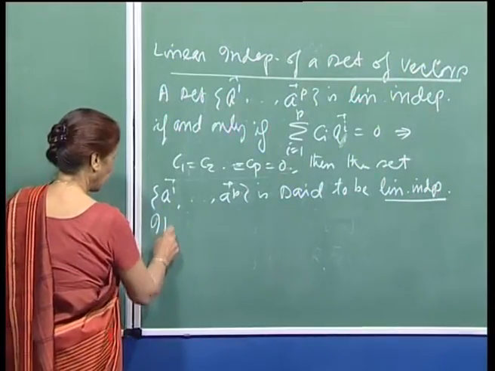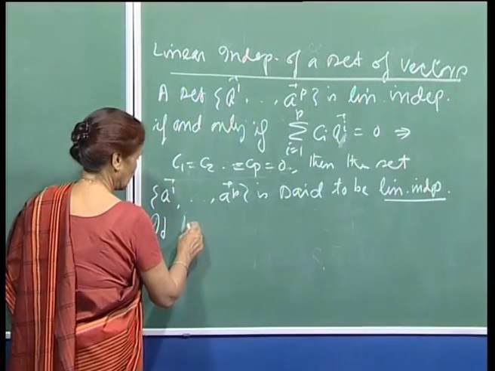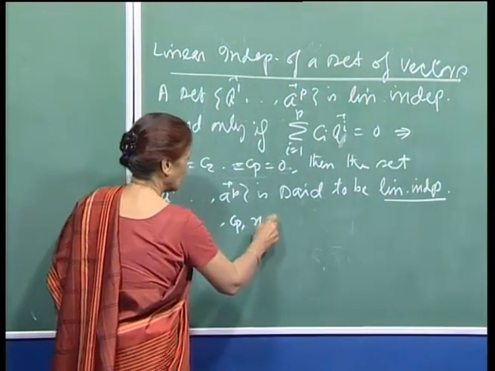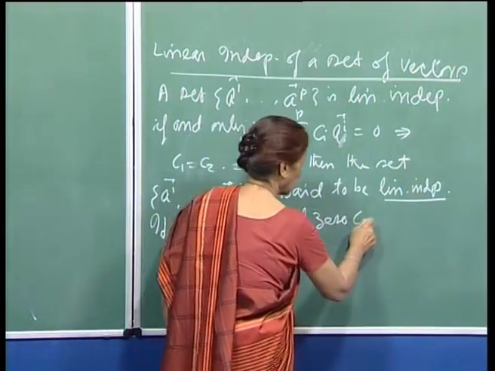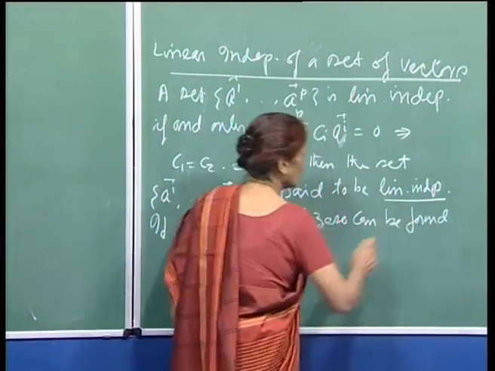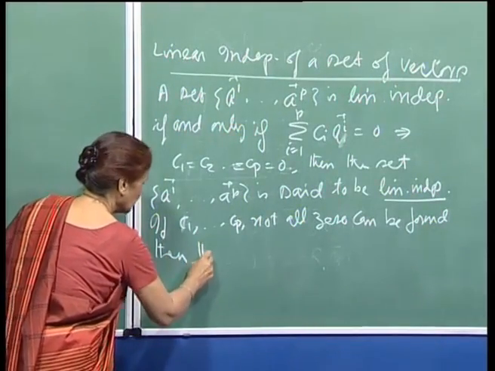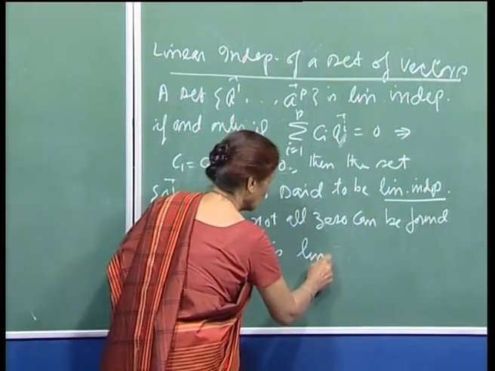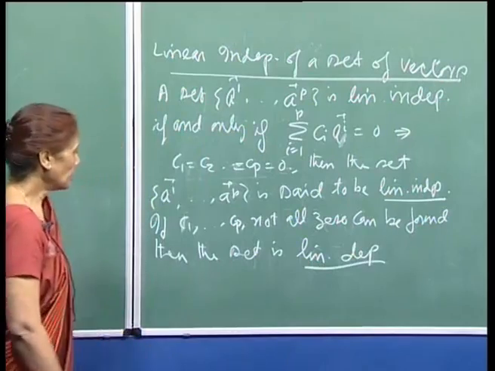So, if C1 to Cp, not all zeros, can be found, then the set is linearly dependent.